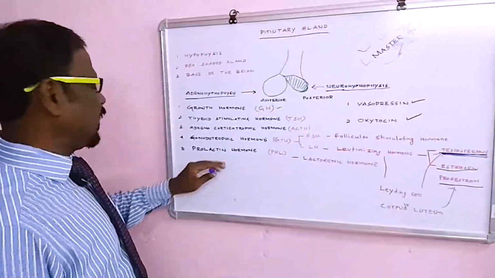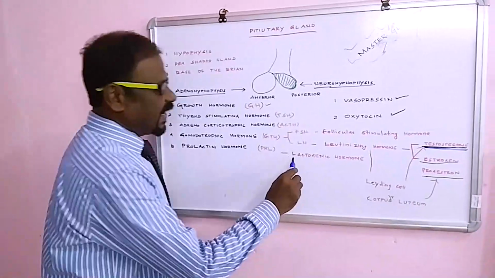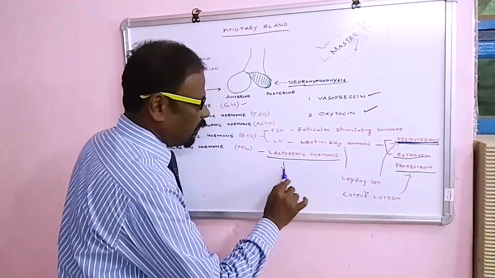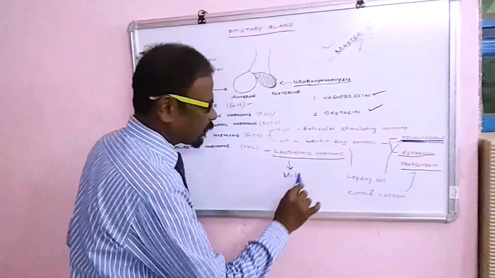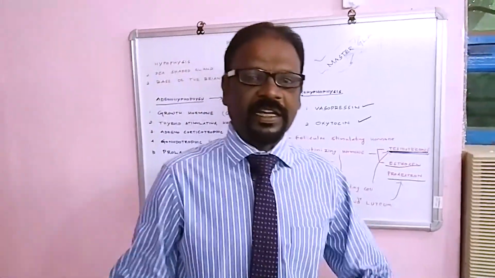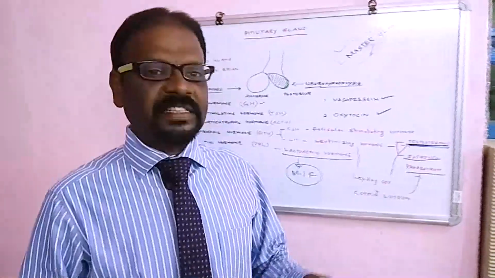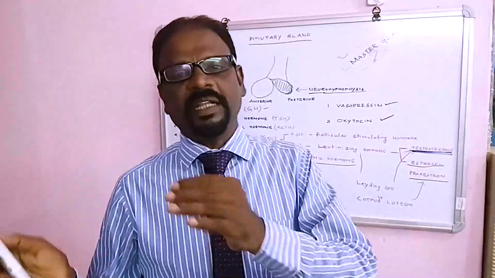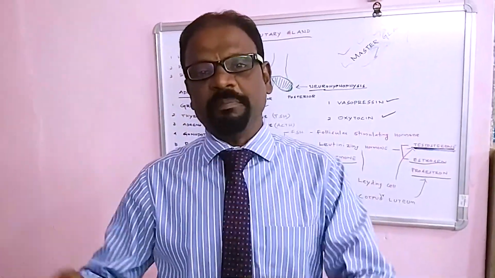And the last one is the prolactin hormone. It is the lactogenic hormone. Lactogenic means milk, the production of the milk by the mammary gland. For example, in the mammals there is a special organ called the mammary gland which produces the milk.